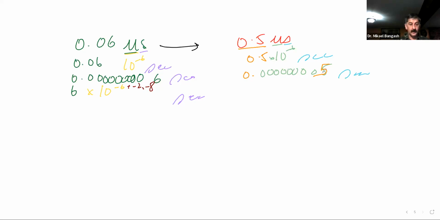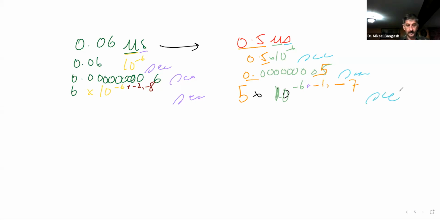Or you can even say I want to write it as a whole. So it's going to be 5, now multiplied by 10 raised to the power minus 6, now plus the minus 1, which becomes -7. And of course, that's a second.